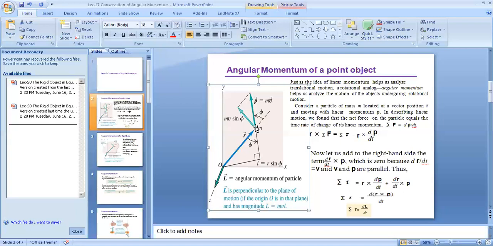The erect thumb will be pointing in the direction of the angular momentum, and this will also be the direction of the axis of rotation, which is passing through this pivot point O.